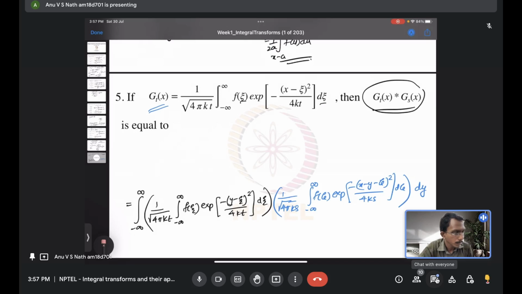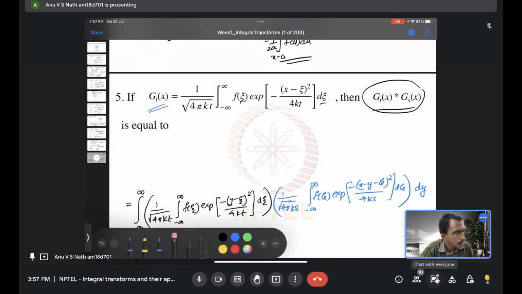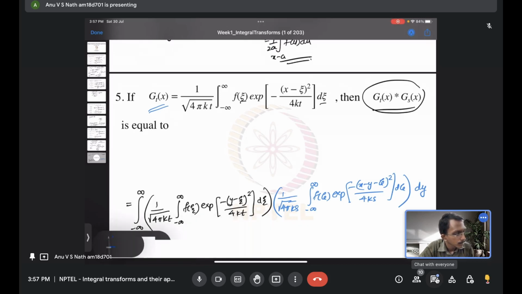So what we will do is change the order of integration depending on the variables. The dy, which is right now in the outer integral, we can move inside, wherever only the variables of y appear.